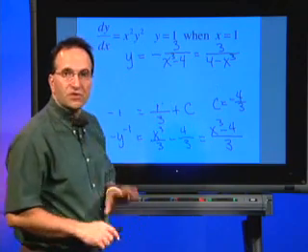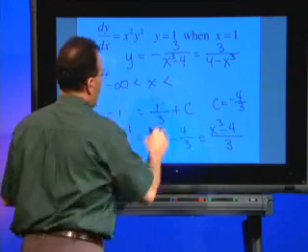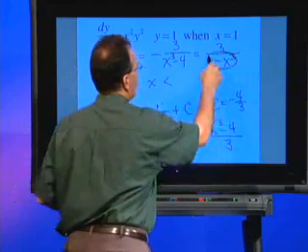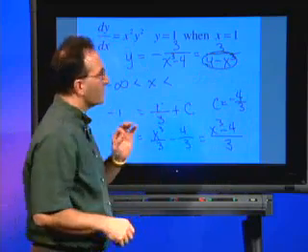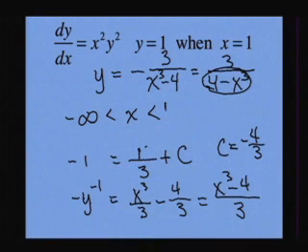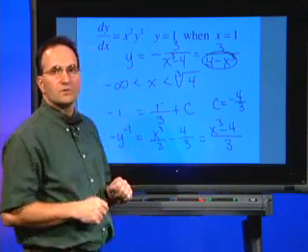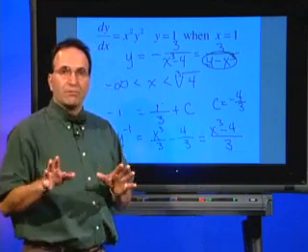And that section starts at negative infinity and then goes up through, if you take the denominator of this and set it equal to 0 and solve it, you will see that x is equal to the cube root of 4. And so we need to put that inside, and that gives us the domain on which this function is continuous, which includes the point (1, 1). All right, well, that's a separable differential equation.